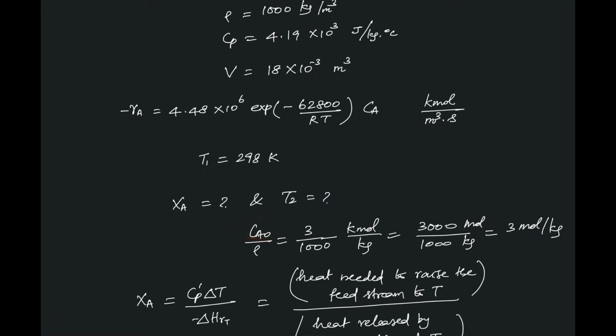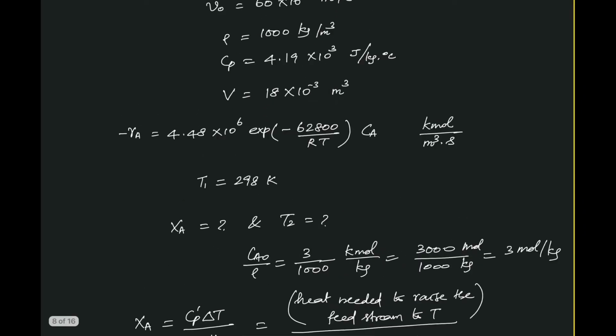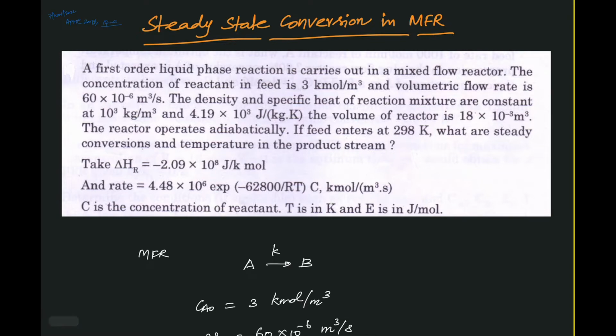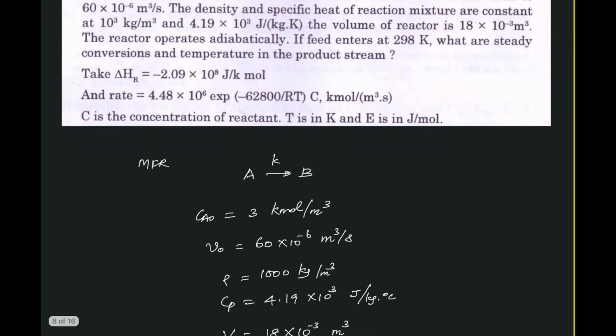So here we are given Ca0 data. Ca0 divided by rho will give us k mole per kg. Now what is the need for that? Because we are given the specific heat in terms of kg unit, whereas we need joule per mole unit. Of course this is in joule per k mole unit, that is also fine.